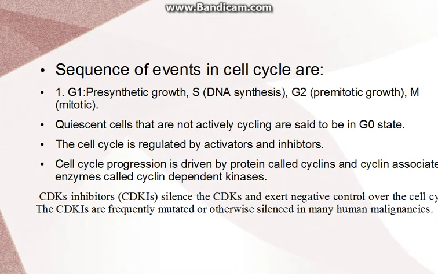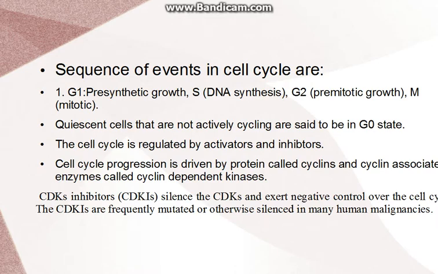Okay. Then we should also know that the cell cycle is regulated by activators and inhibitors. The activators, the proteins which cause the cell to divide, are known as cyclins. And there are certain enzymes involved which are known as cyclin dependent kinases. These were the activators.